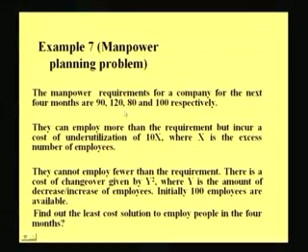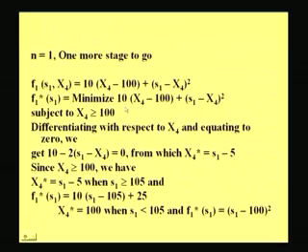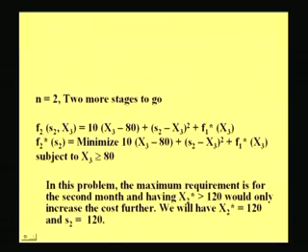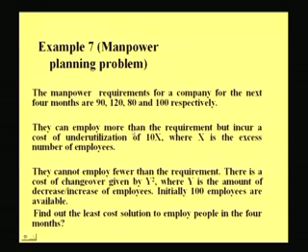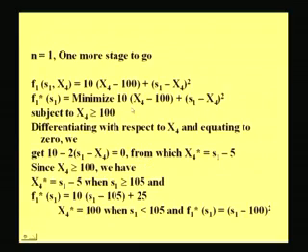So, when we are here, when we have n is equal to 2, 2 more stages to go, we have to make a decision for variable x3, assuming that S2 people are available, and that is what we write here. So, F2 of S2 comma x3, 10 times x3 minus 80, 80 comes as the minimum requirement for month 3.